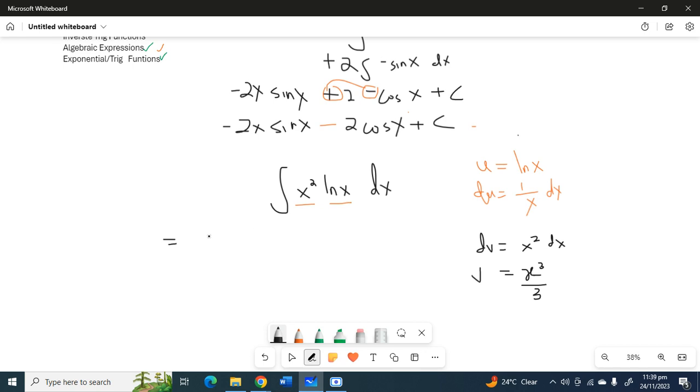Let's write down the formula first: uv minus the integral of v du. Our u is the natural log of x.